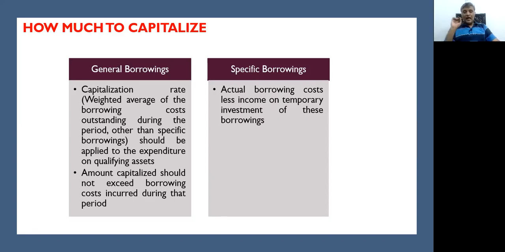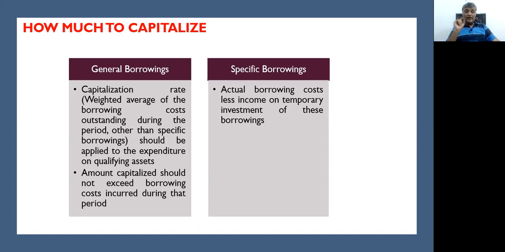So when I say capitalization rate, it means a weighted average rate of the borrowing cost outstanding during the period other than the specific borrowings. It should be applied to the expenditure on the qualifying assets. So even though you got 3 different loans, one at 10, other at 10.5, other at 11, you should arrive at a weighted average rate, and you should apply that rate on the expenditure which is being incurred on the qualifying assets, right?